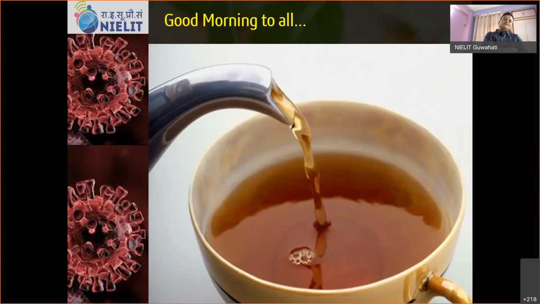Because when we talk about tea, we are not only talking about a very refreshing drink, but also about some of the medicinal compounds that we consume along with the cup of tea, right?